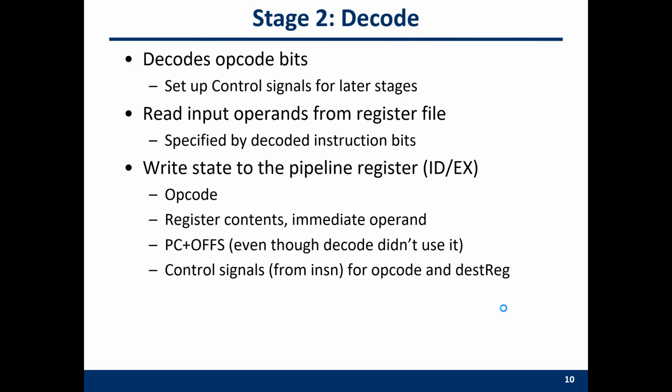The instruction name, addition, multiplication, is the so-called opcode. And the A and B registers here are operands. After we finish decoding, we need to write the information into the pipeline register of the next stage.